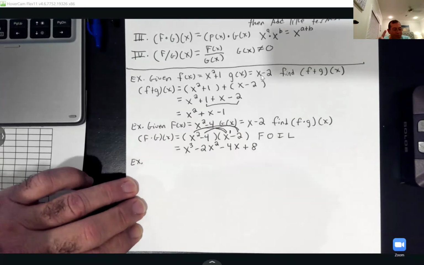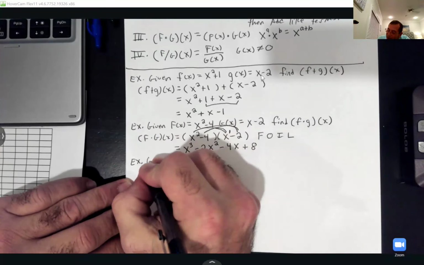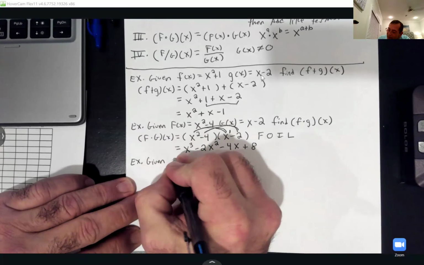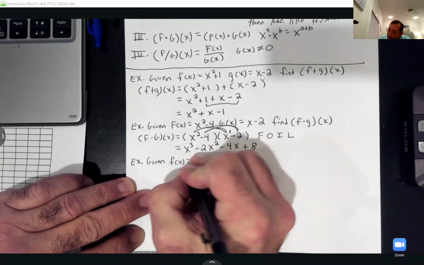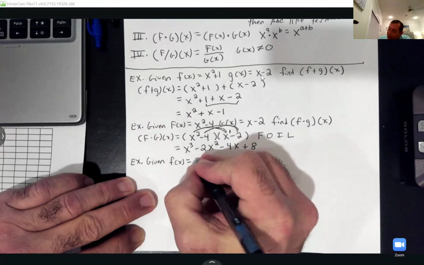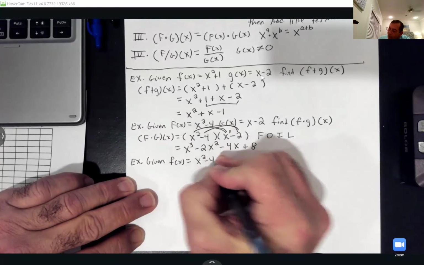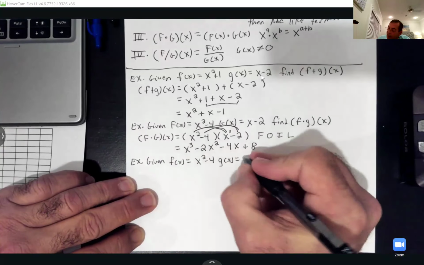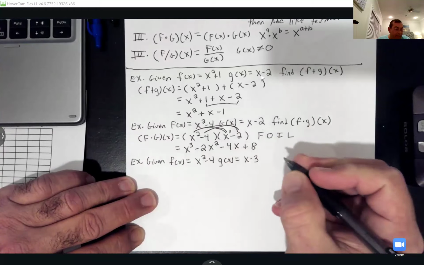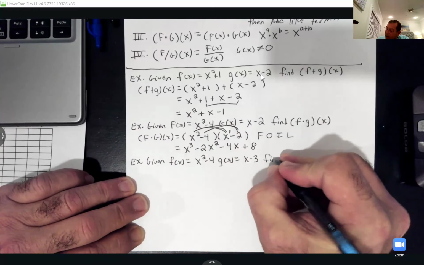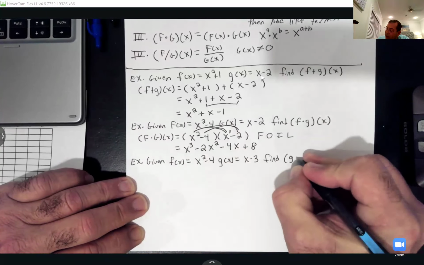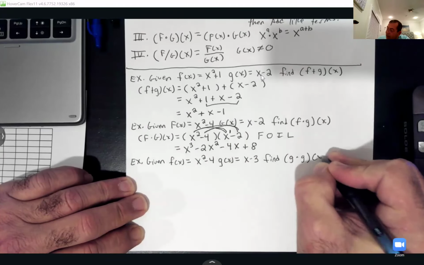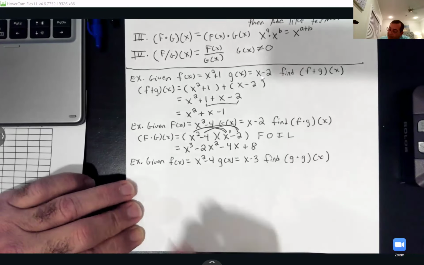So let me see what y'all do here. Here's a good one. Given f of x equals x squared minus 4, g of x equals x minus 3. Y'all, I want to find g times g of x.